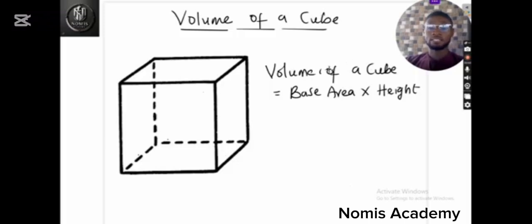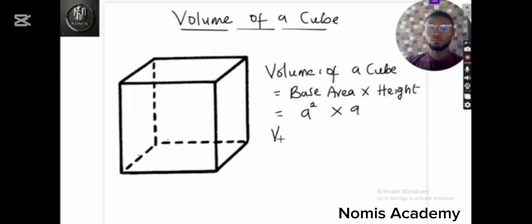Definitely it is a square. Recall that area of a square is a squared. Since the length and breadth are equal, we just take it as a. Length squared is the area of a square. So multiply by the height. Having known that the height has the same value as the breadth or the length, it is still a.